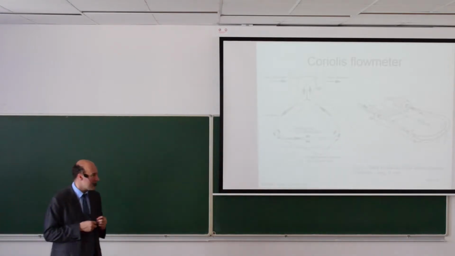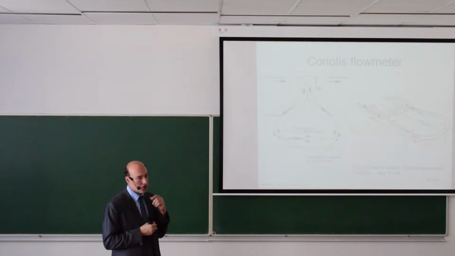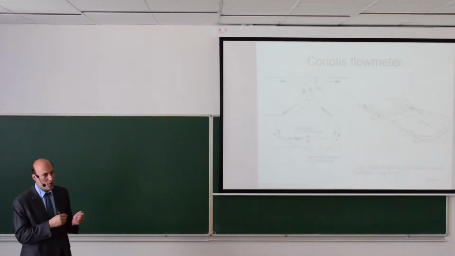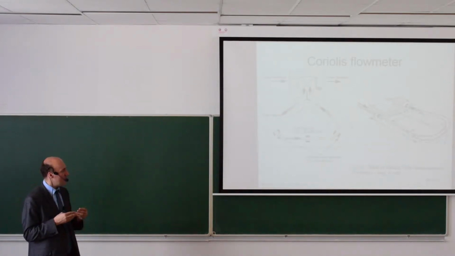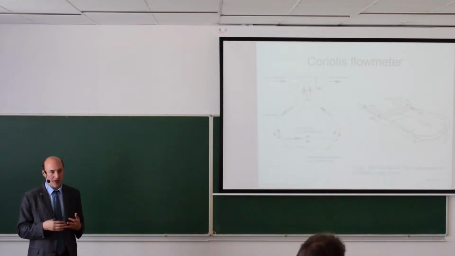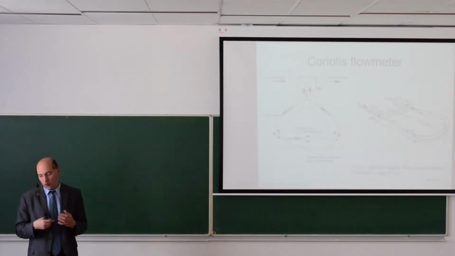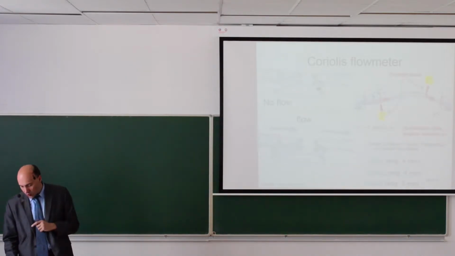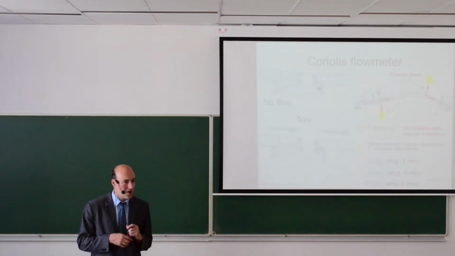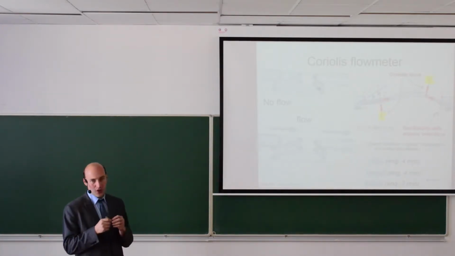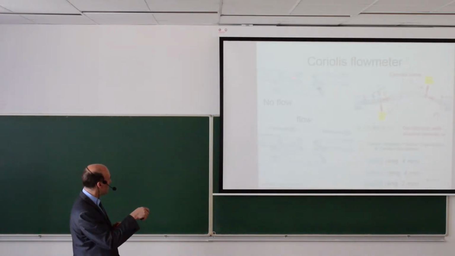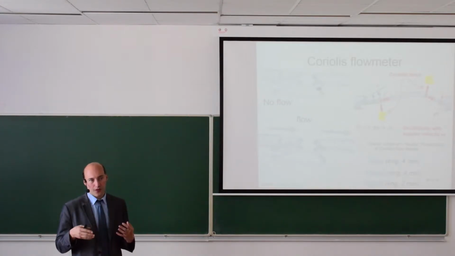The Coriolis flow meter makes use of the Coriolis force that is created when you have a moving object and a motion is imposed on this object, for example, vibrations or rotational movement. So maybe before we go to some details, let's take a look at a simple experiment. Imagine that you have a tube filled with water, but the water is not flowing.